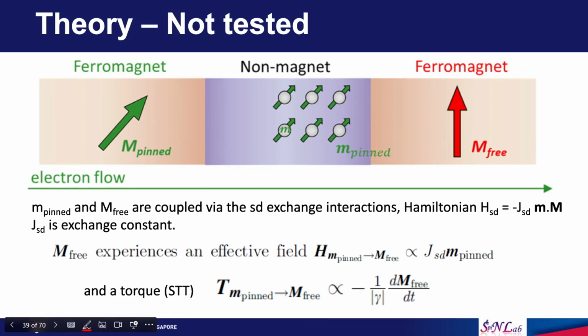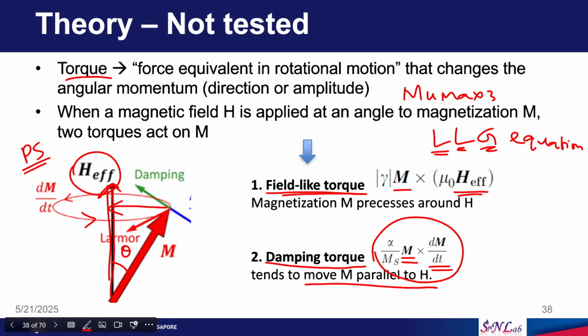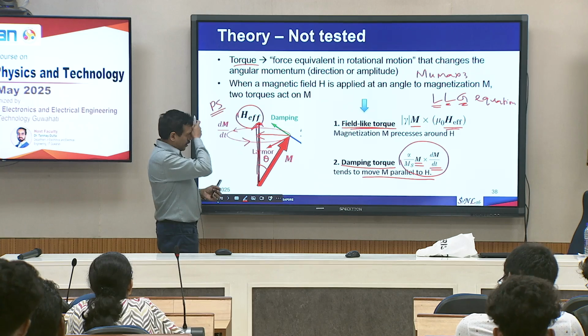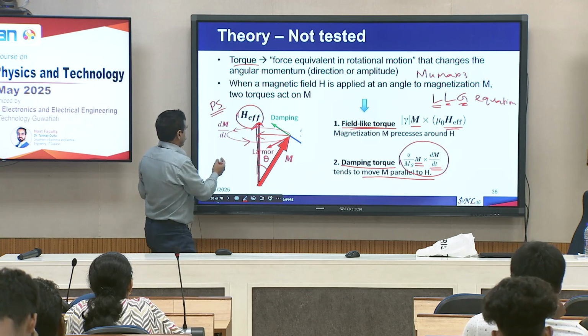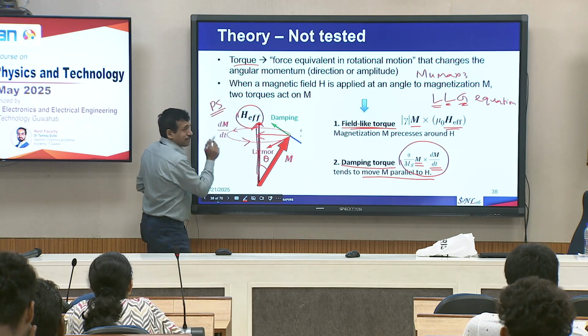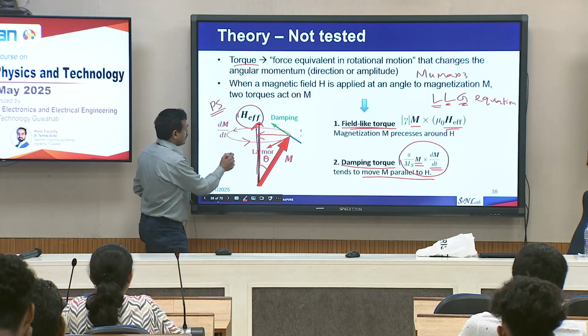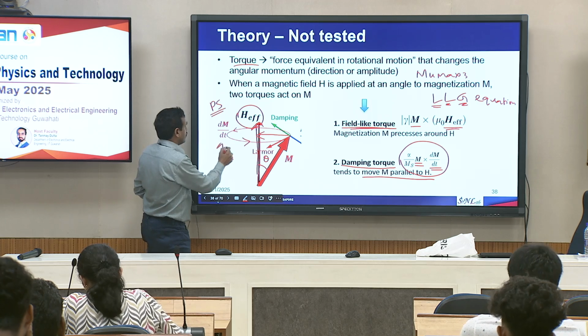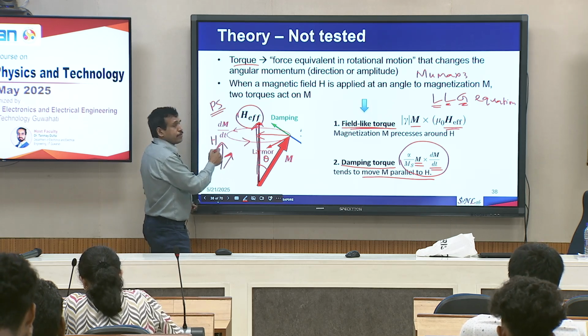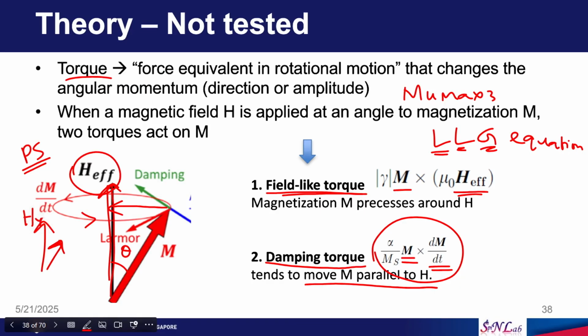Why are you writing that H effective? H effective is some magnetic field. For example, let us say you have only one particle with the magnetization like this, and you apply a magnetic field. So, this is the applied field.